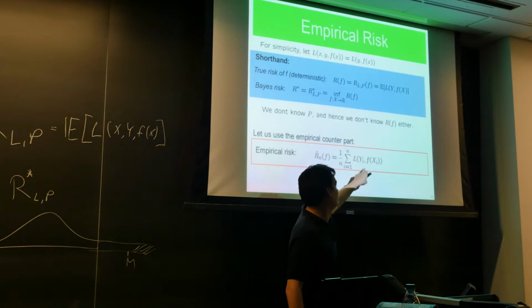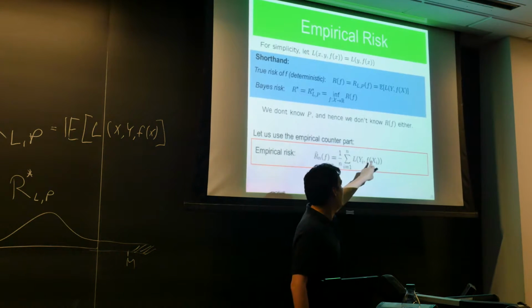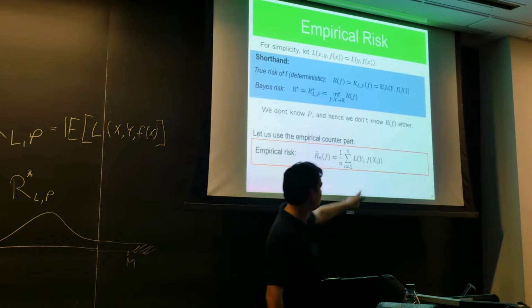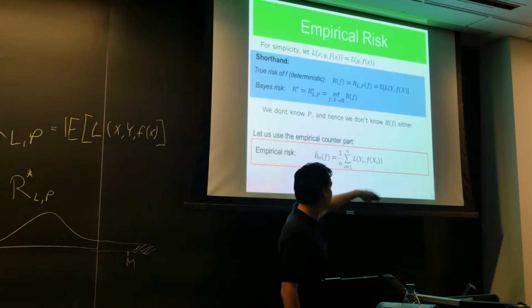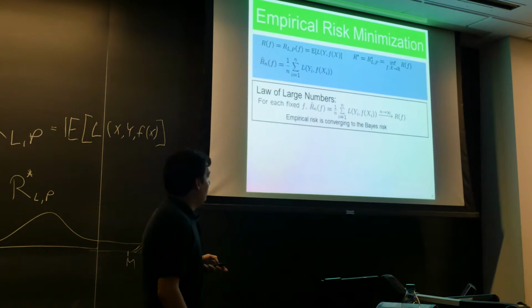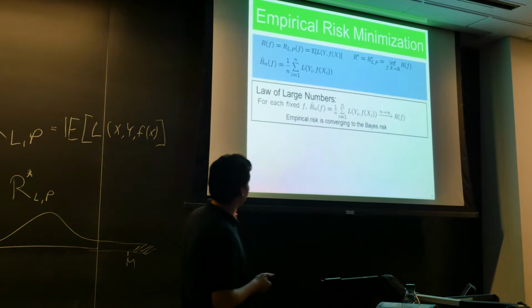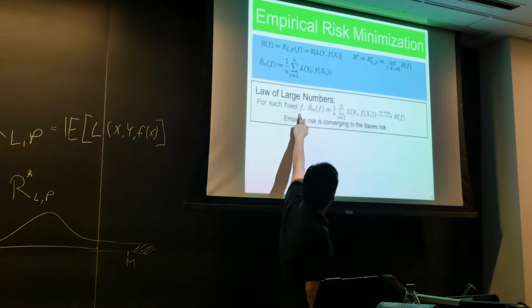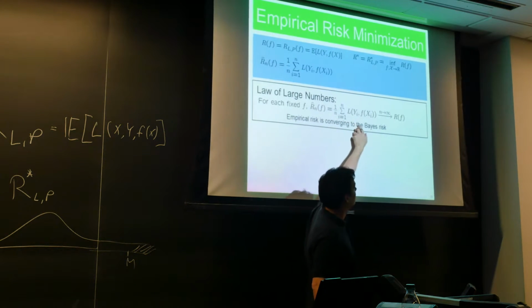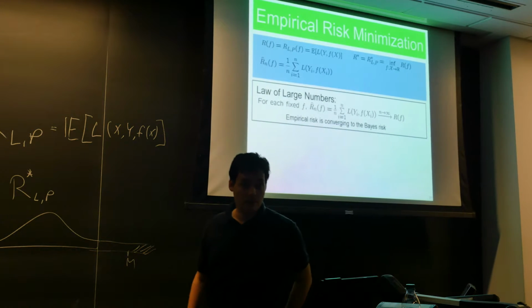For example, with classification loss, this would be 1 if I misclassify yi using function f at instance xi. So this is the empirical risk. And the law of large numbers says that for any fixed f, the empirical risk is converging to the true risk for any fixed f.